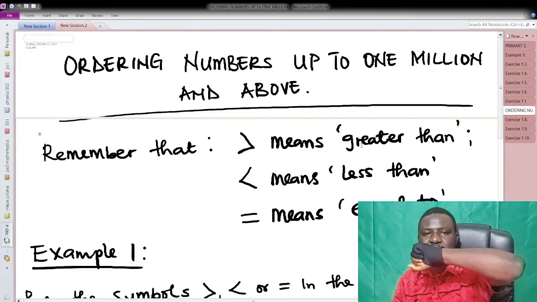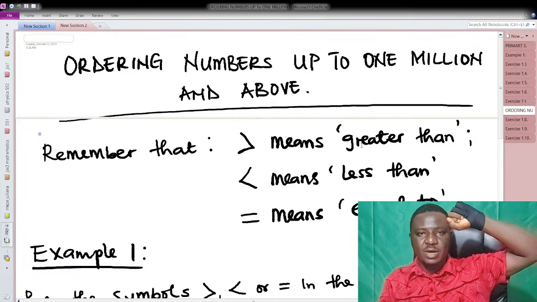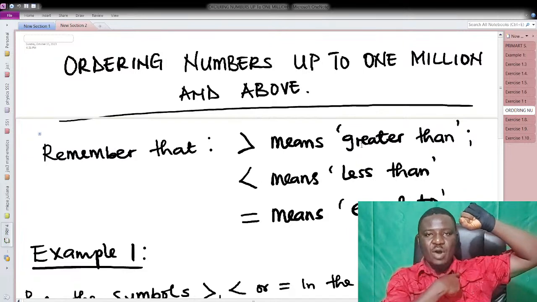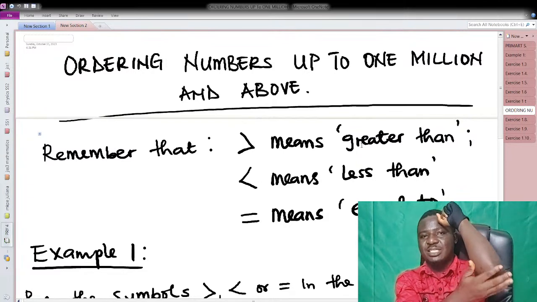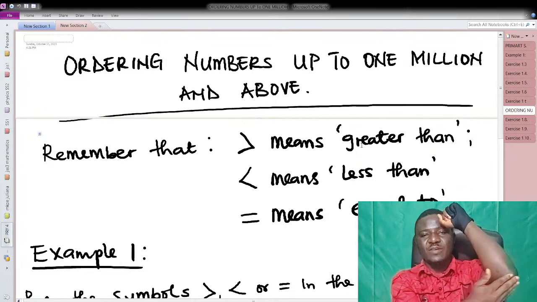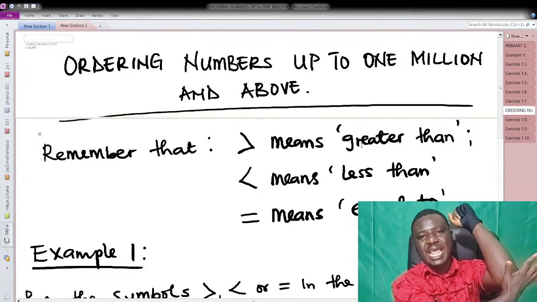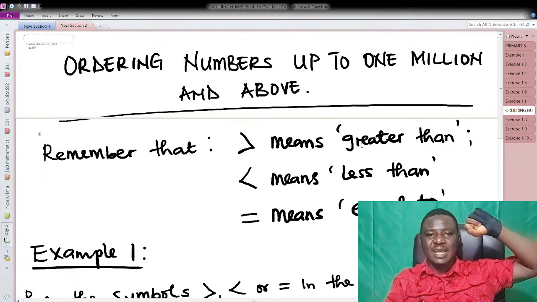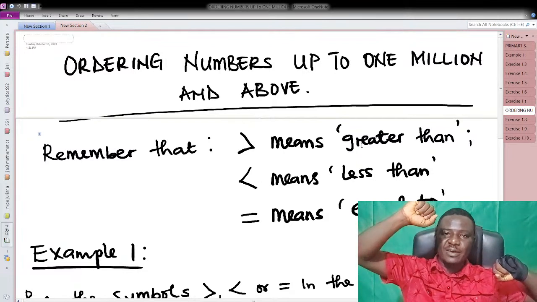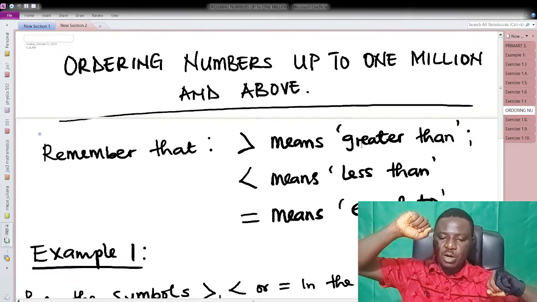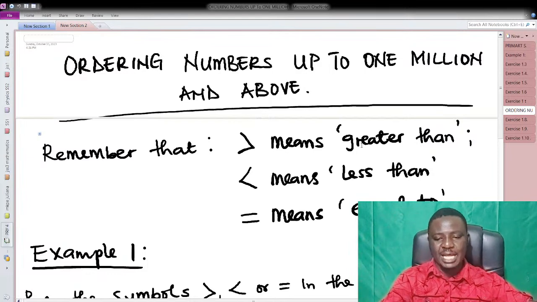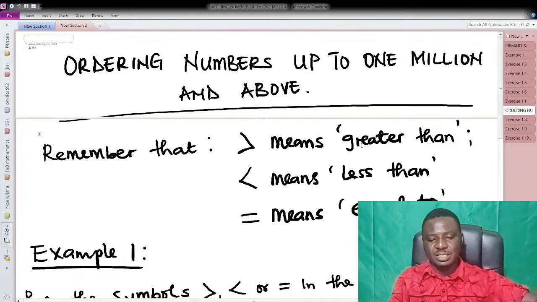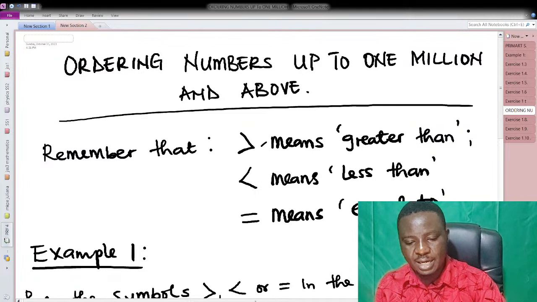If you do your right elbow like this, it shows you that whatever you have in this larger area is said to be greater than what you have in this lower area. So whatever stands at the other end of the elbow is said to be lesser than. So this is the sign for greater than, and this is the sign for less than.